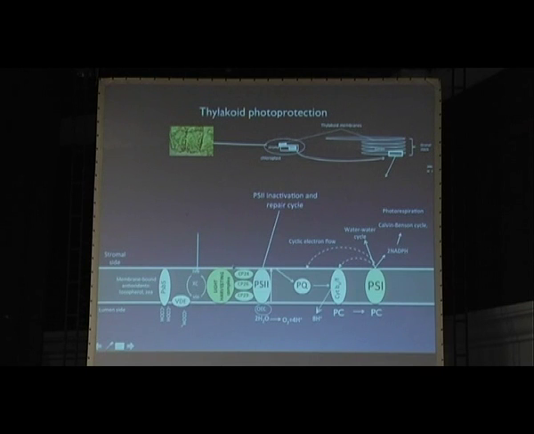I'll just go through this very briefly for you. This is the light harvesting complex of photosystem 2. Photosystem 2, very basically, takes electrons from water, passes them to photosystem 1 down an electron transport chain, and eventually these electrons will end up in the Calvin-Benson cycle or photorespiration.